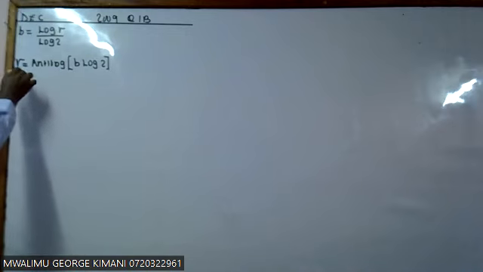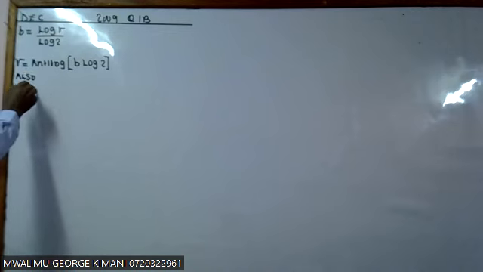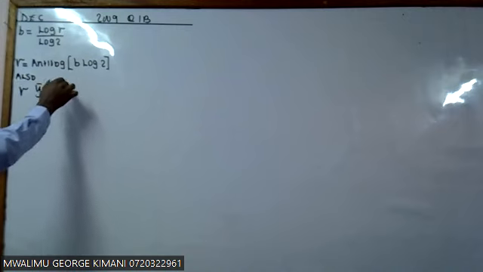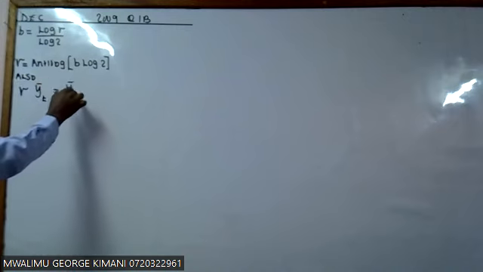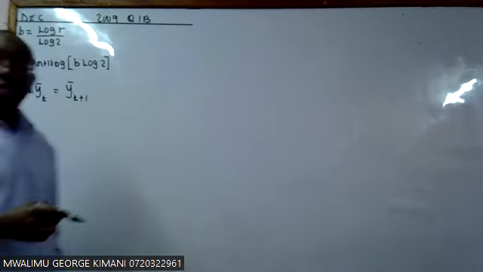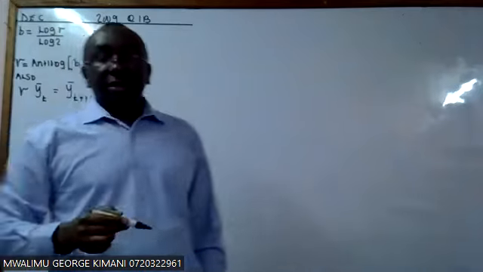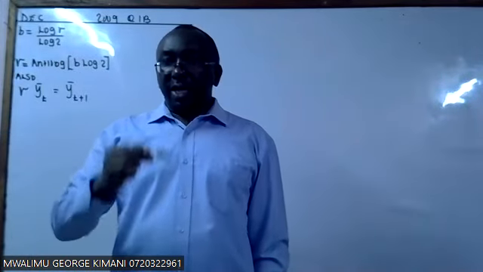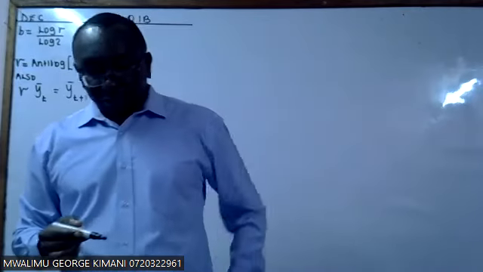We also know that if you are to get R, you multiply Y bar T, it will give you Y bar T plus 1. If you get the current average, you multiply by R, you will get the next average.